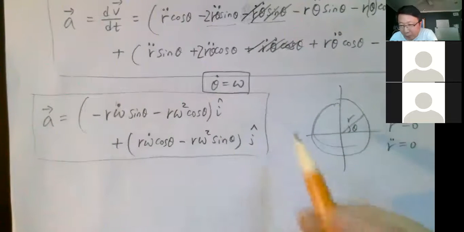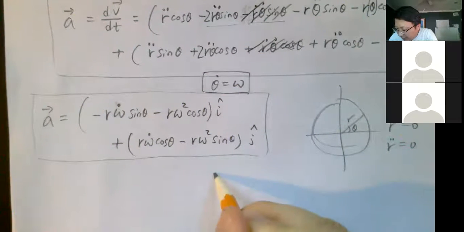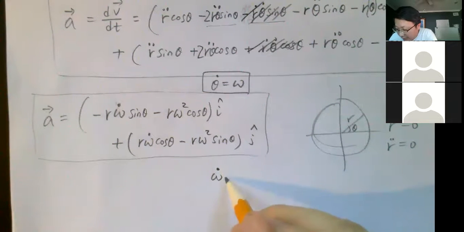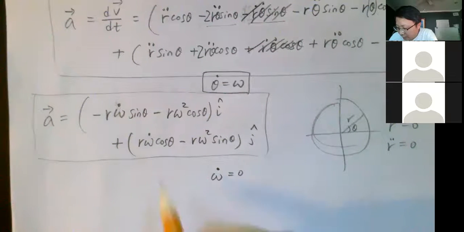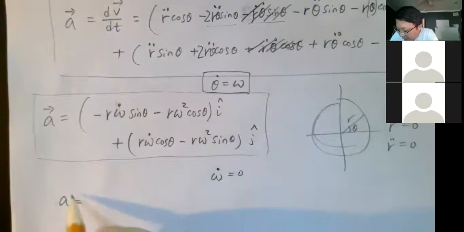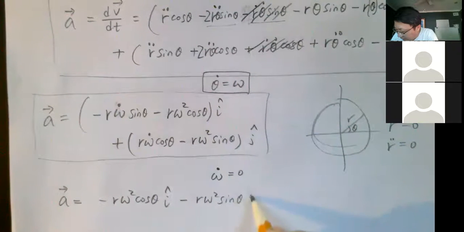Let's say we are dealing with a circular motion, where omega, the angular velocity, changes, which is angular acceleration, equals 0. So in that case, if this one is 0, the only thing left is this one. So now A becomes minus r omega squared cosine theta i minus r omega squared sine theta j.